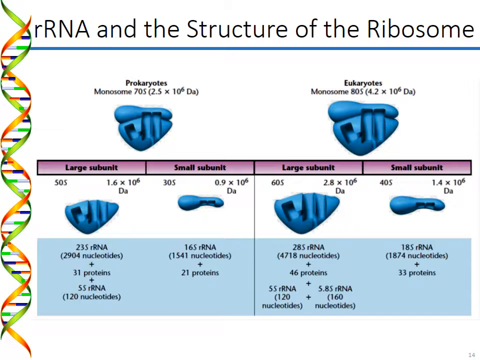And so together, those components, the 2 RNA molecules and the proteins, make up the large subunit. The small subunit of the prokaryotes is made up of 16S rRNA and 21 different proteins. And then you can see the eukaryotic small subunit is made up of 18S RNA and 33 proteins.